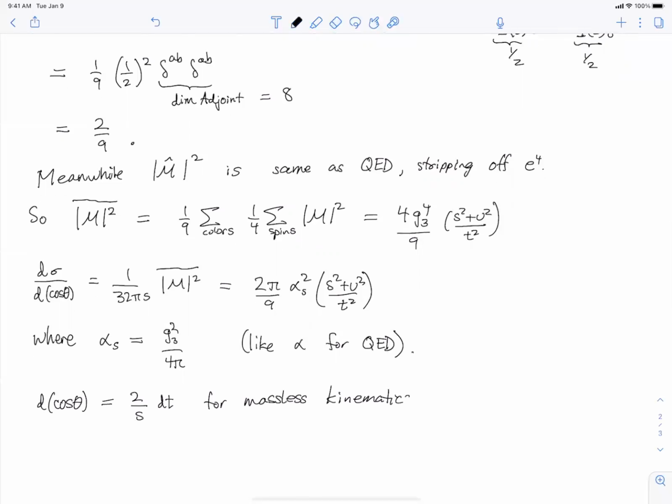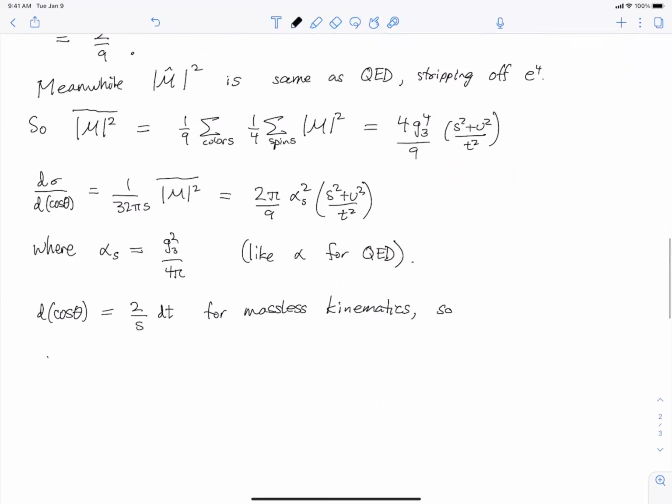So we finally get d sigma dt is 4 pi alpha s squared over 9 Mandelstam s squared times (s squared plus u squared) over t squared.